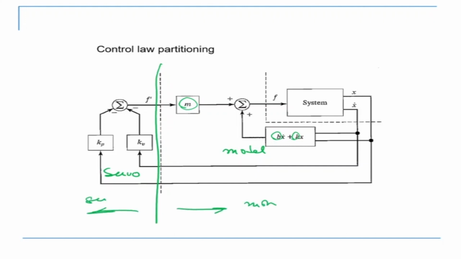So if there is any change in the model, it will be taken care of in this loop. If there is any change in the servo, it will be taken care of on this side, and they are completely partitioned. Okay. Now we'll see that this kind of partitioned control system is also useful in the case of nonlinear control systems. Okay. So if there is nonlinearity in the system, then this kind of partitioned control system can also take care of it.